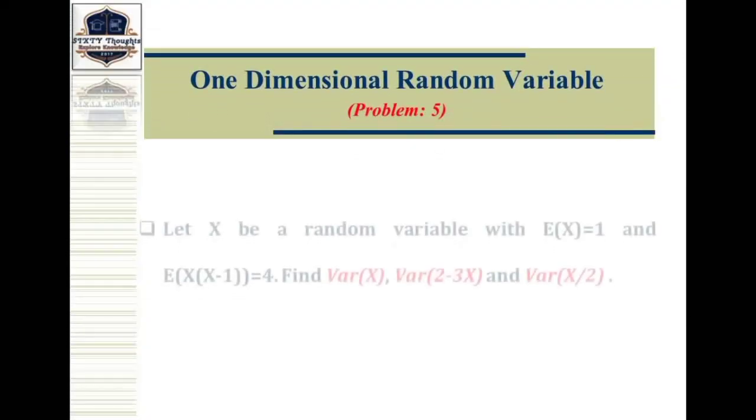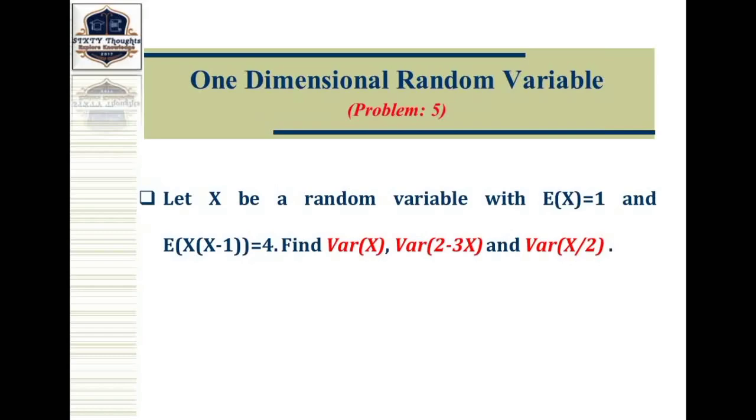In this video lecture, we discuss one important problem from one-dimensional random variables. Let us see one problem. Let capital X be a random variable, which means either a discrete or continuous random variable, with the given expected value of X equal to 1 and expected value of X into (X minus 1) equal to 4.